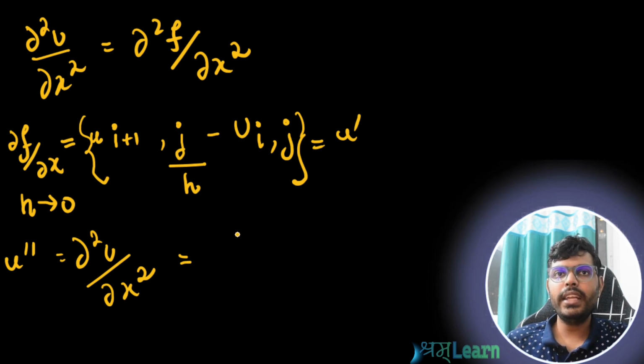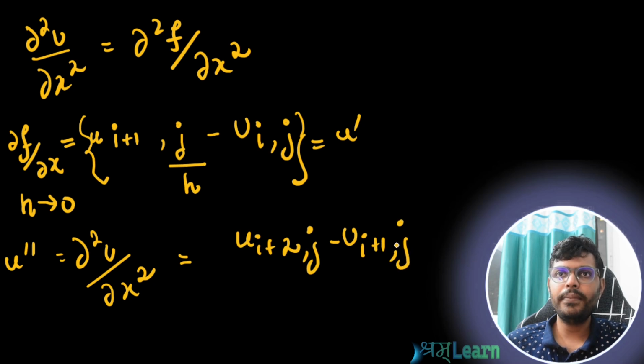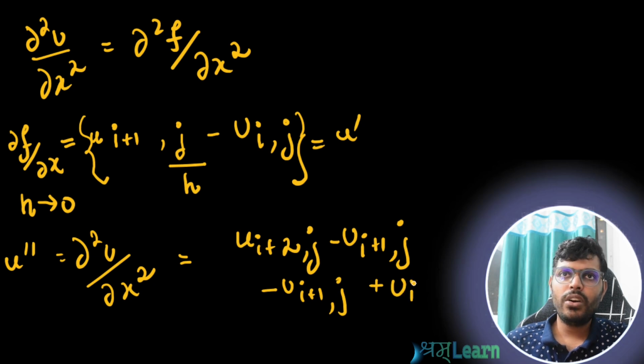So I have to take u of i plus 2 comma j minus u of i plus 1 comma j, and I have to subtract this u of i plus 1 comma j plus u of i comma j, and then again the step size is h.